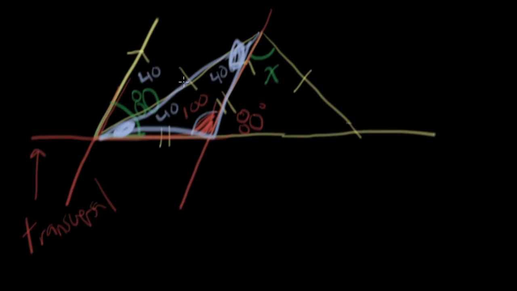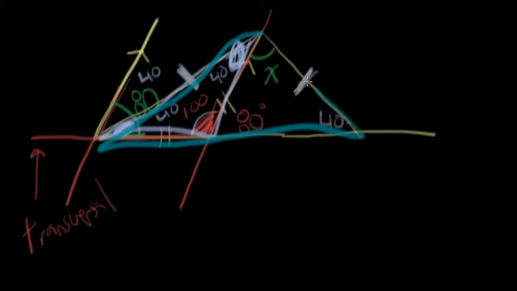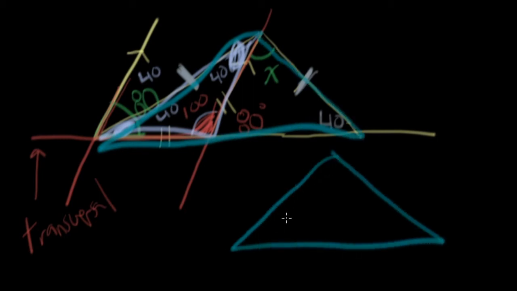But more importantly, we also have this being an isosceles triangle, which means way over here is going to be 40. So now this giant triangle, and maybe I'll make it a different color, this giant triangle looks like this now. This piece is 40. This piece is 40. And way up here, this is 40 plus x.